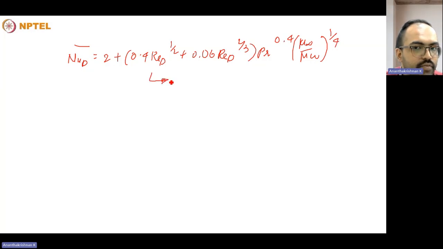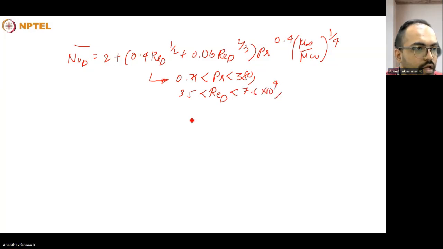So this has been tested for Prandtl number between 0.71 to 380, Reynolds number as low as 3.5 to 7.6 into 10 power 4, and mu infinity by mu w less than 3.2.